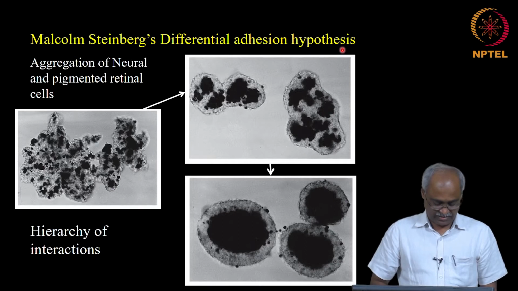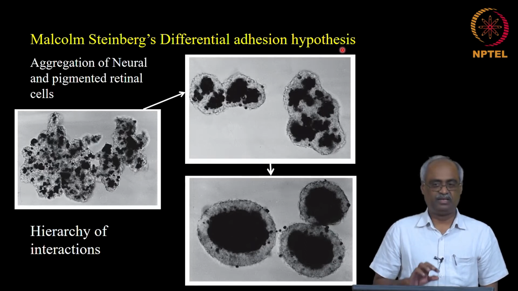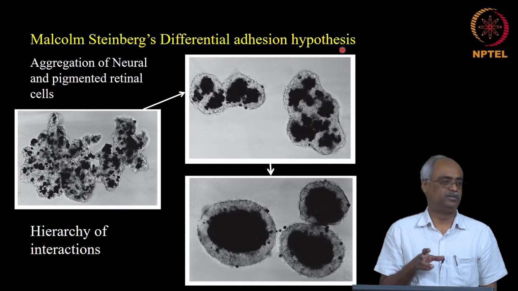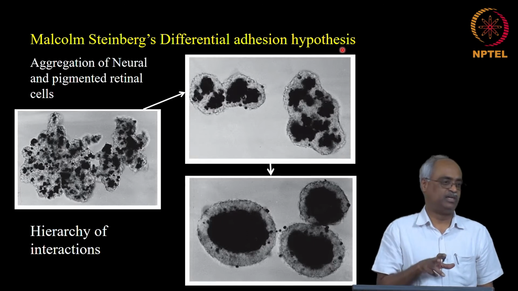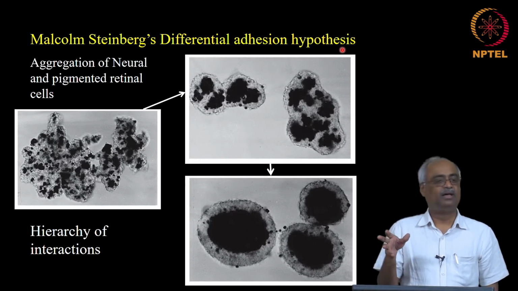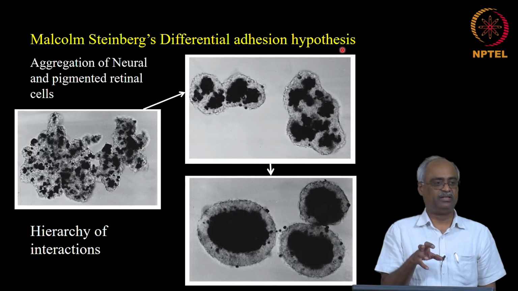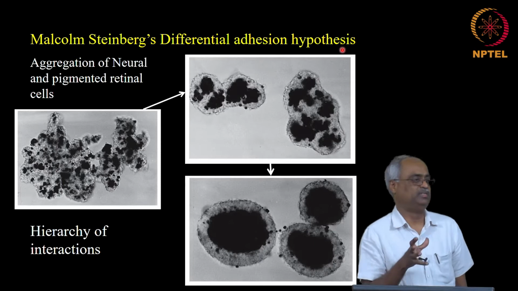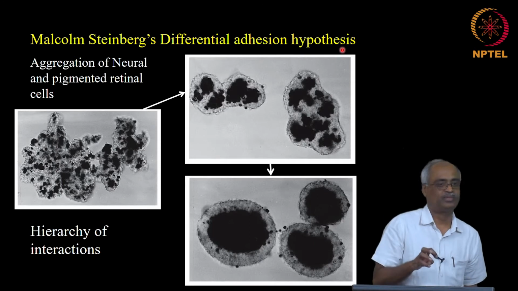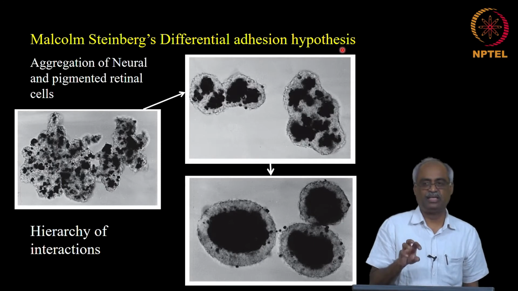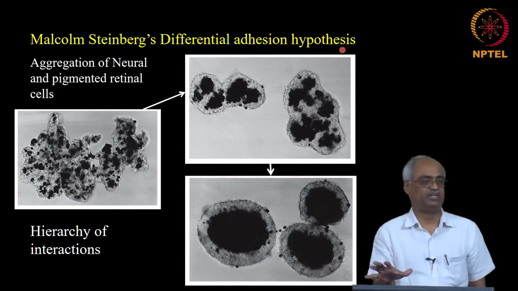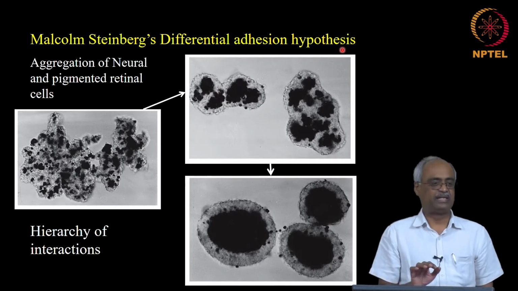So, the proposal here is that the surface tension of different kinds of cells differ, and when they are mixed together they reorganize themselves such that the overall surface energy is minimized. Okay. So, it is a thermodynamically more stable structure. So, that is what they are getting to.